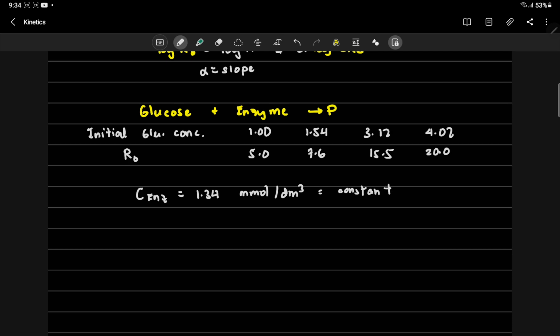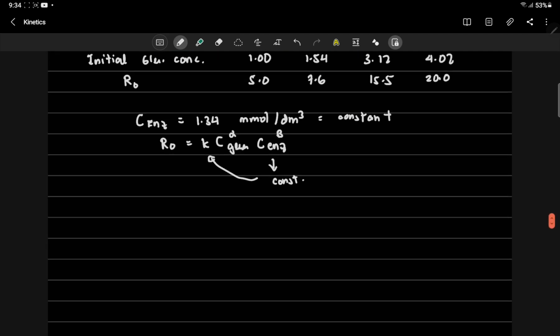Okay, so I want to find the rate law expression for that reaction. So that will be K times the concentration of glucose raised to alpha times the concentration of the enzyme raised to beta. Now if I said that the concentration of the enzyme is constant, I can merge this constant with the constant K, which is our reaction constant.